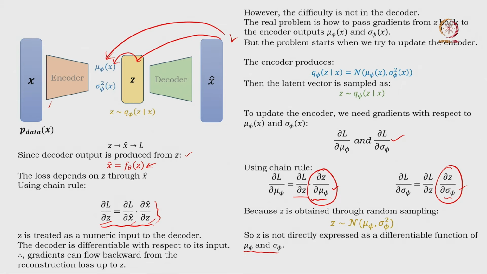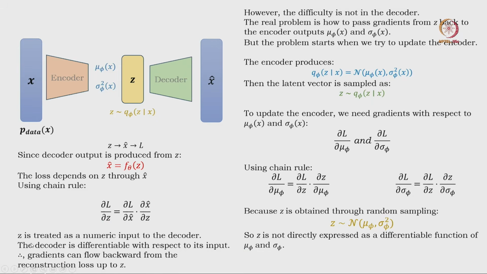From z, when we backpropagated further to update mean and variance, we are seeing that there is a problem. What is the problem? Using the chain rule, we can reach up to this point. But we know this value, but we don't know these two terms. Why don't we know these two terms? Because z is sampled from this particular distribution.